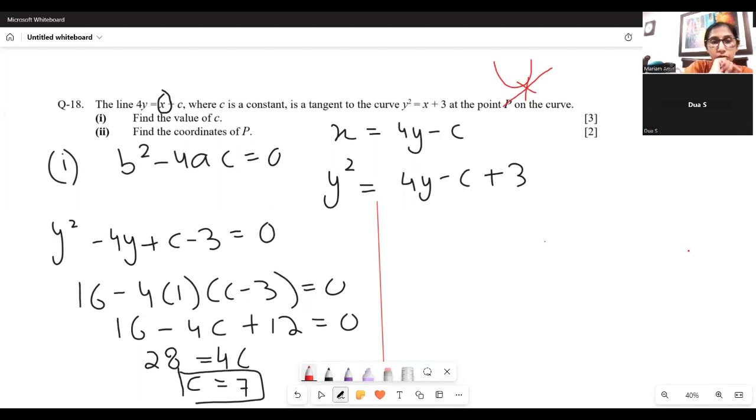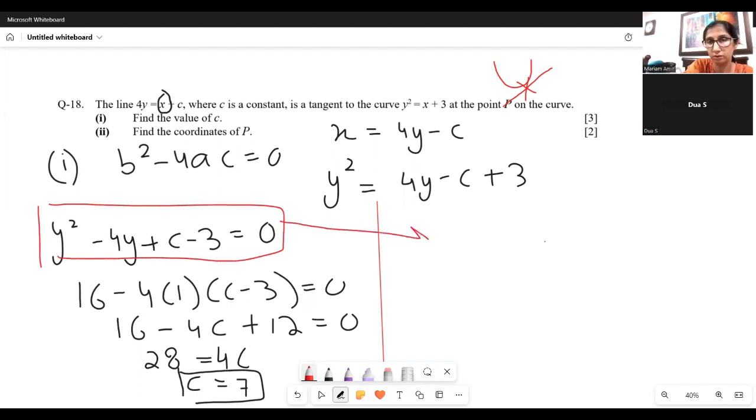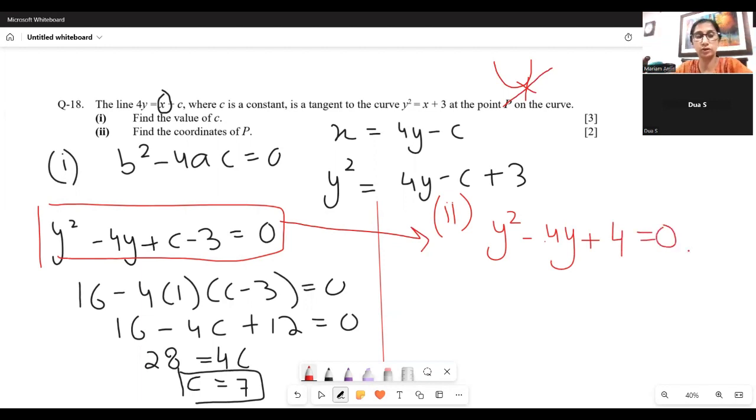That means that we have to solve this quadratic equation with the known value of C now. So it's going to be y square minus 4y. C is 7. 7 minus 3 is what? 4. Yes, equals 0. Solve this quadratic equation.